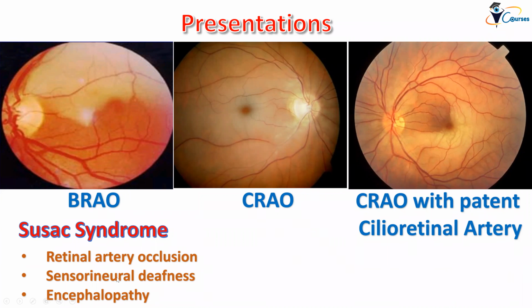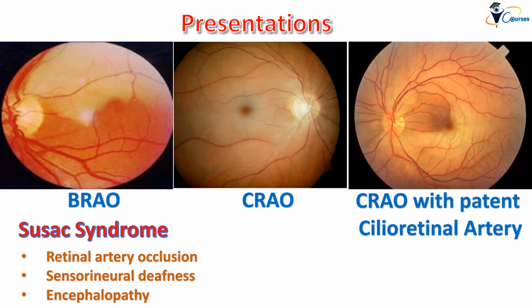It also affects the cochlear blood vessels, leading to sensorineural deafness, and the cranial blood vessels, leading to encephalopathy. So this is the triad of Susac syndrome: branch retinal artery occlusion, sensorineural deafness, and encephalopathy.